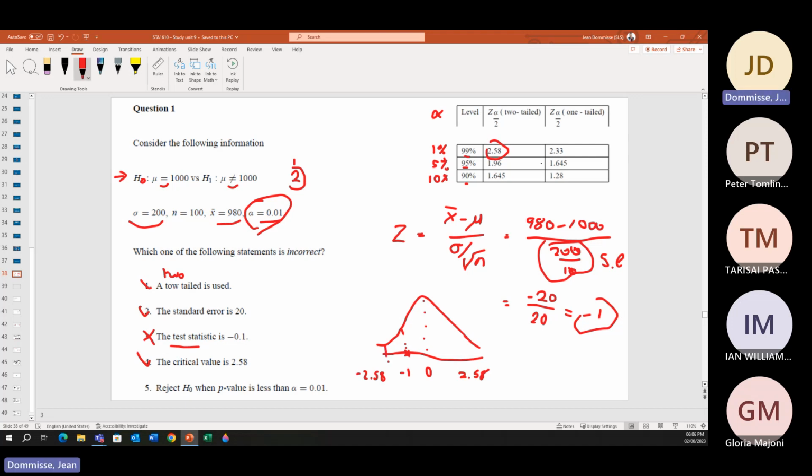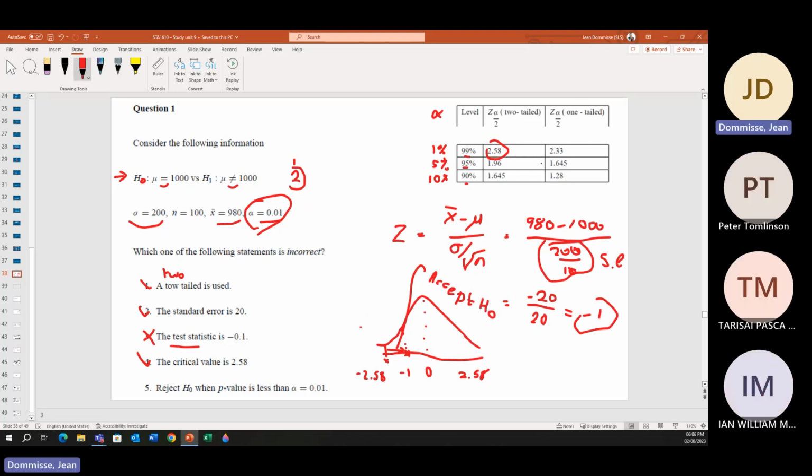What we are testing against is that one. Because that falls into there, we're going to accept your null hypothesis. We're going to accept your null hypothesis because your minus 1 is not smaller than your minus 2.58.